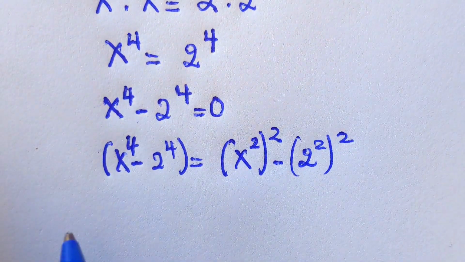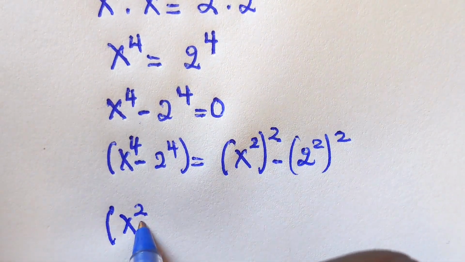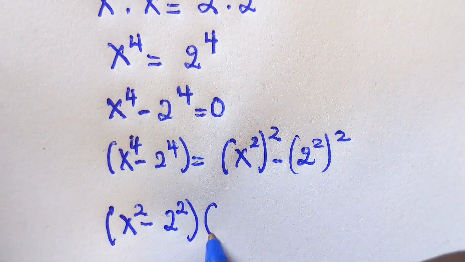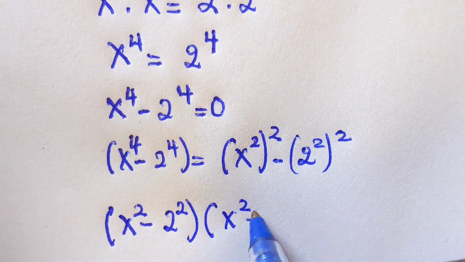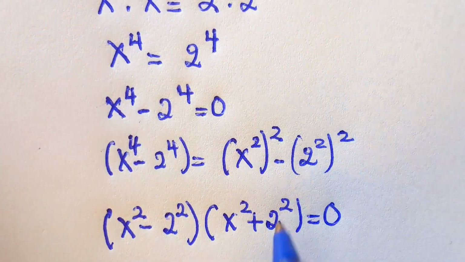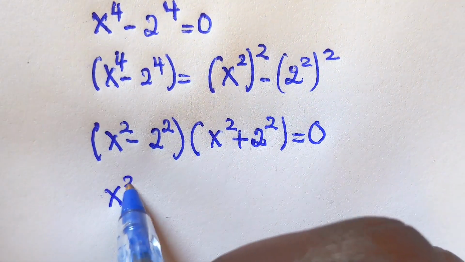So we have (x^2 minus 2^2)(x^2 plus 2^2) equals 0, and we write this as (x^2 minus 4)(x^2 plus 4) equals 0.